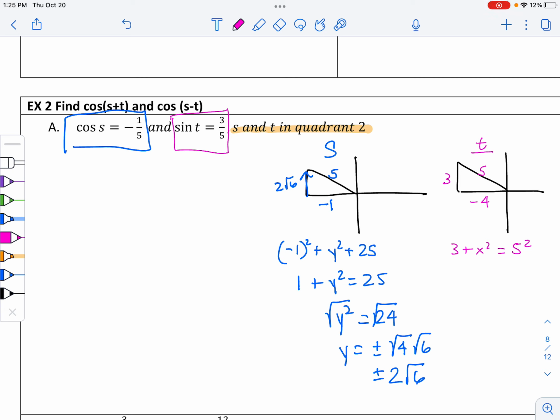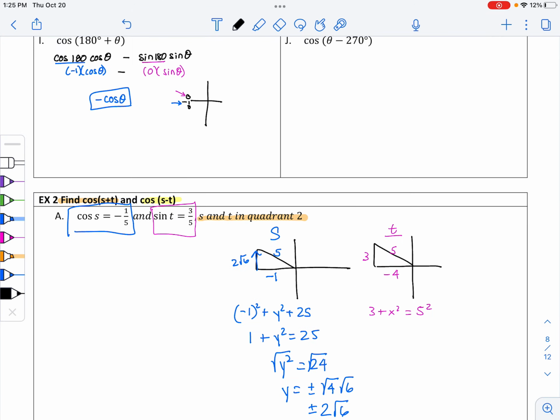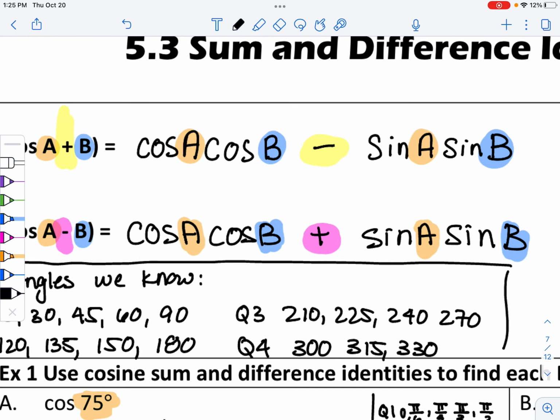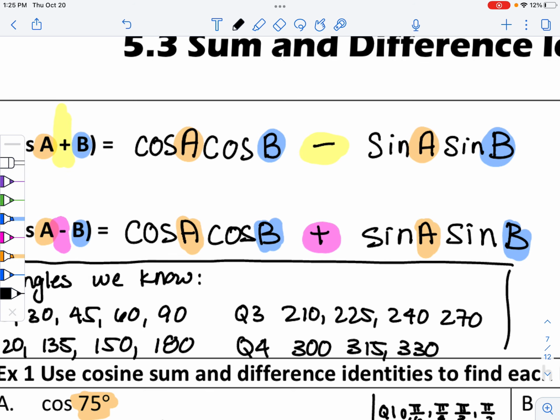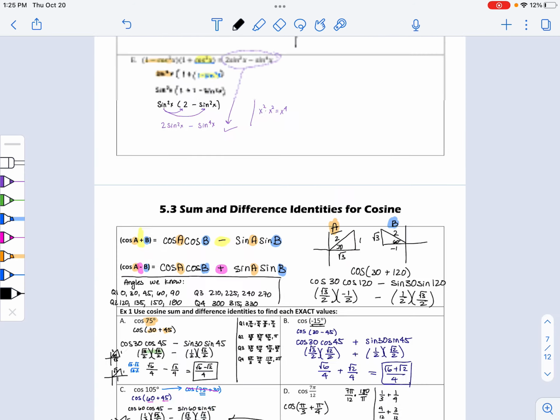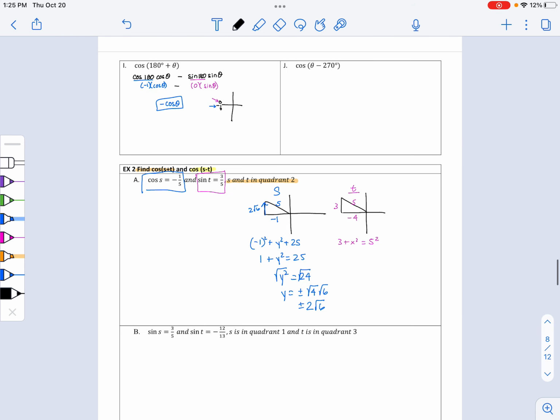The question wants us to find the cosine of S plus T and the cosine of S minus T. If we go back up into my identities, the only thing different about a plus or minus is that center sign. So it's not that much more work.